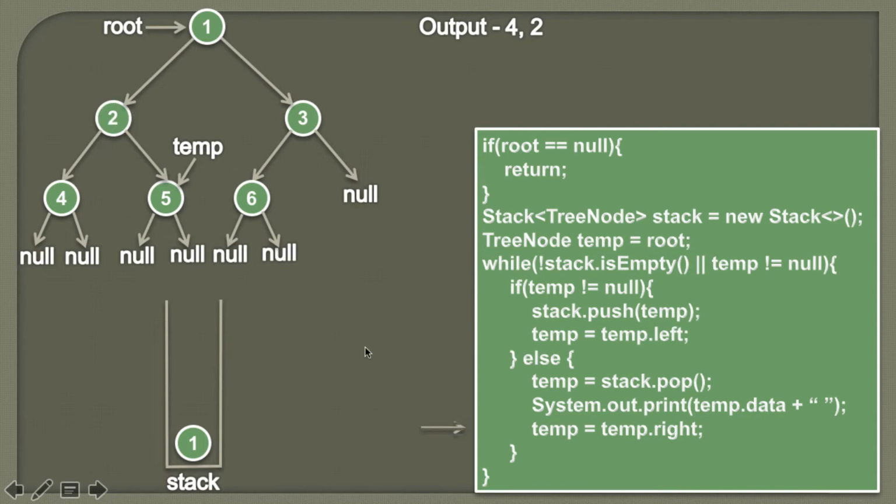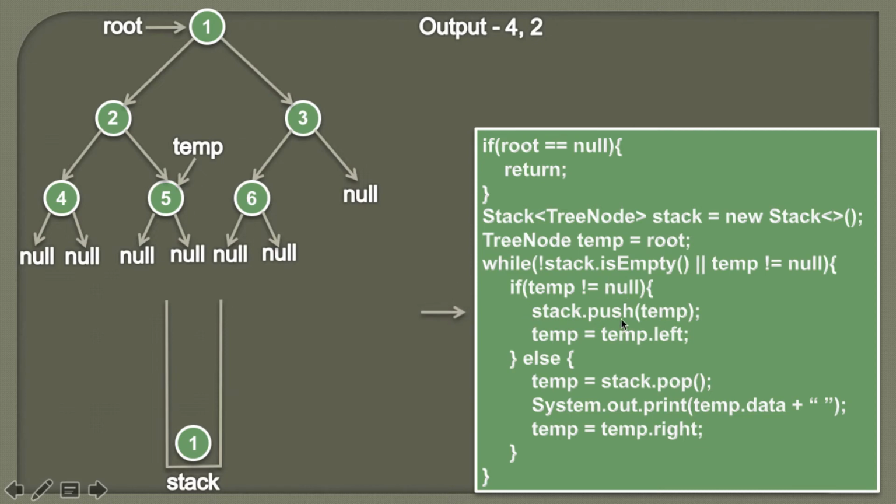Moving ahead. Now in the while loop we'll check whether stack is empty or not. Currently stack is not empty and temp is also pointing to node 5. Therefore the condition in while block comes out to be true. And then in if block we'll check whether temp is equal to null or not. Currently temp is not equal to null because it is pointing to the node 5. Therefore the condition in if block comes out to be true.